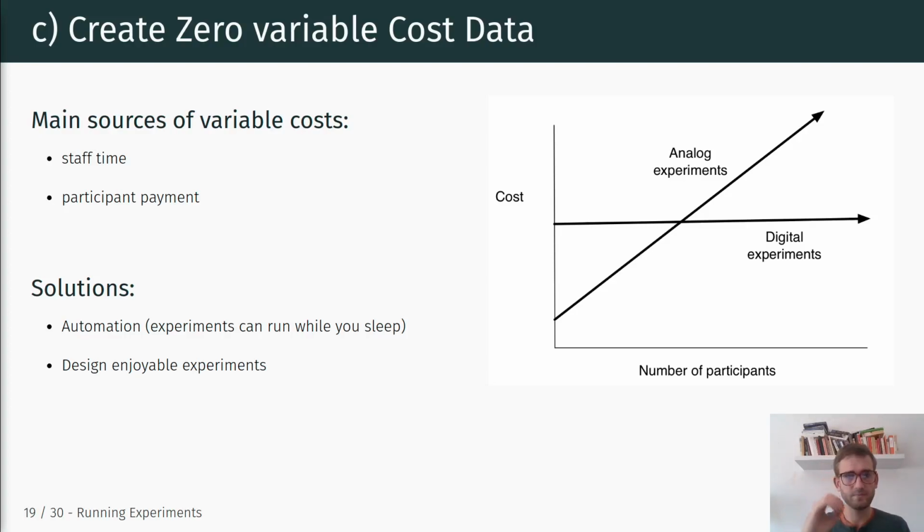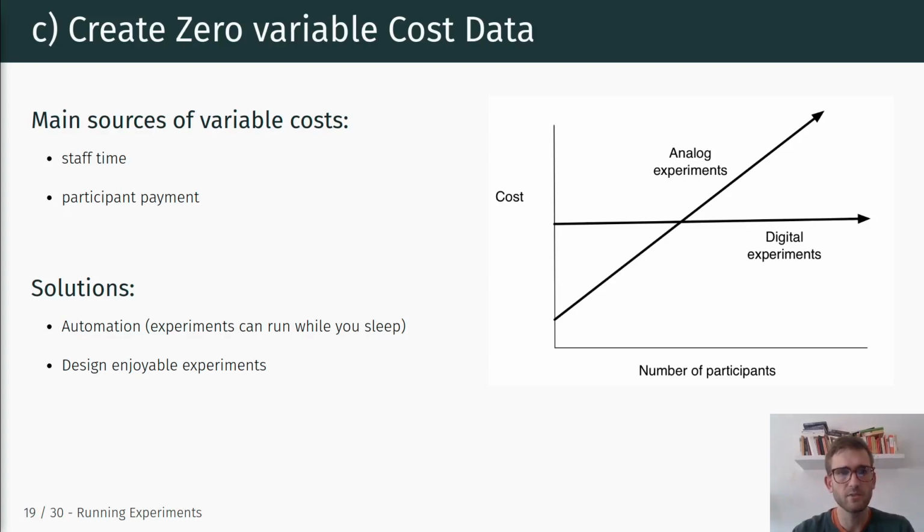So if you look at the relationship between the cost of an experiment and the number of participants, what we can say broadly is that analog experiments, or these more traditional experiments which have higher variable costs, increase as you increase the number of participants, whereas digital experiments have higher startup costs.